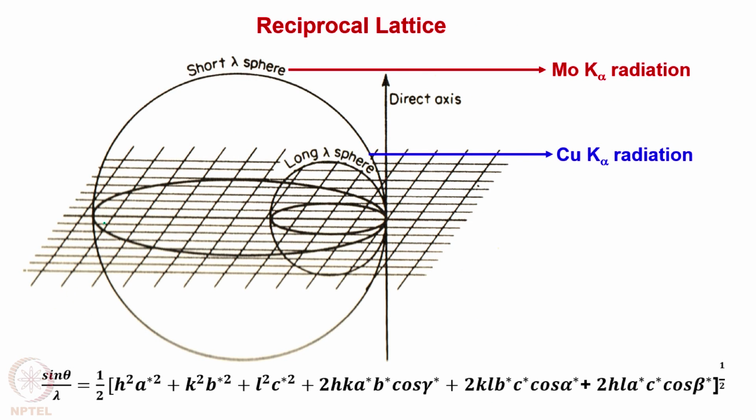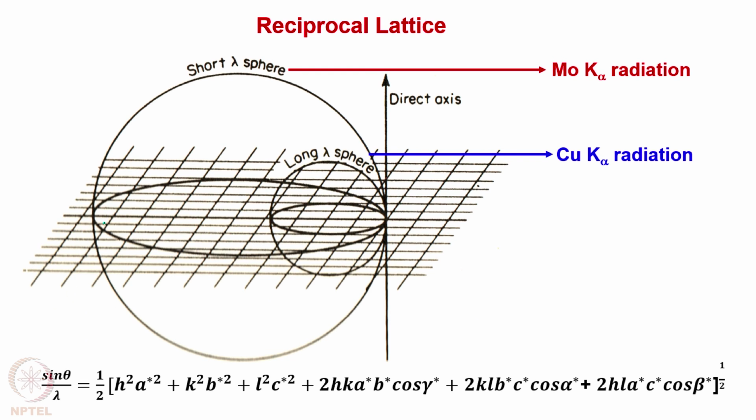So, when you represent a sphere like that, immediately the size of the sphere is related to 1 by lambda. That means smaller the value of lambda, larger the value of 1 by lambda; larger the value of lambda, smaller the value of 1 by lambda.